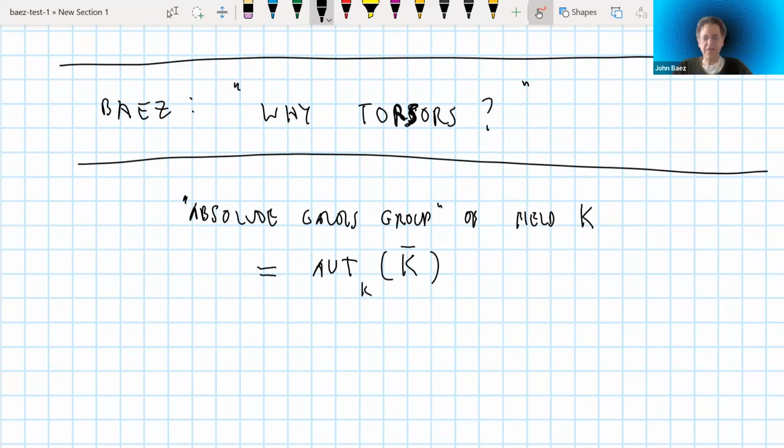Yeah, I really want to fix K pointwise. For this fundamental group, it's the group of automorphisms of this K bar that fix K pointwise. So these other G torsors should also be doing that.